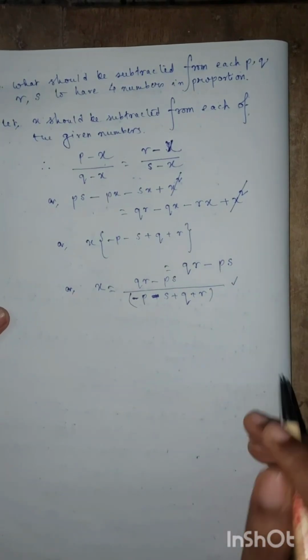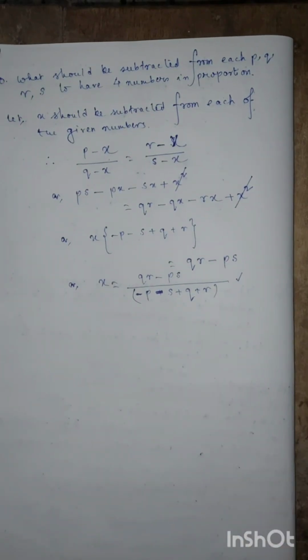So this is our x. So this should be subtracted from each of these terms. So this is our answer.